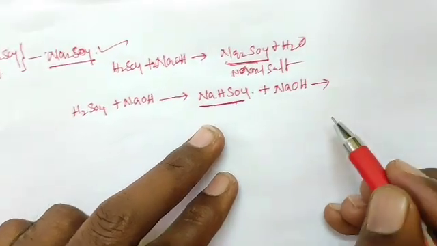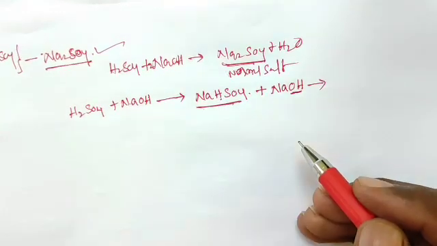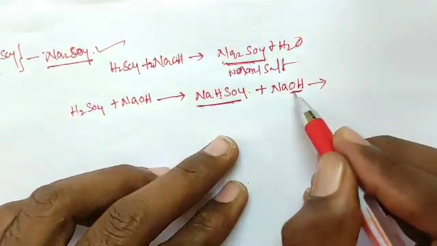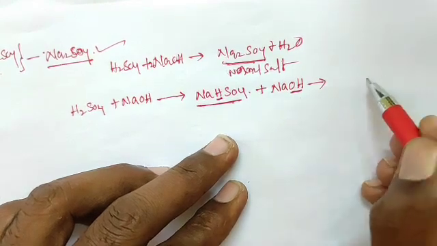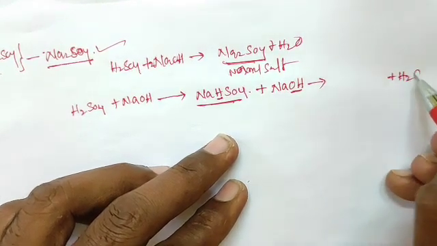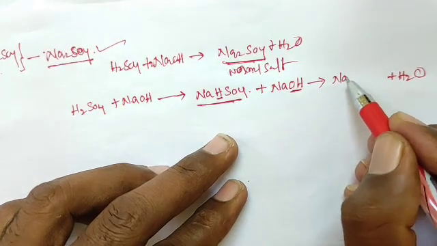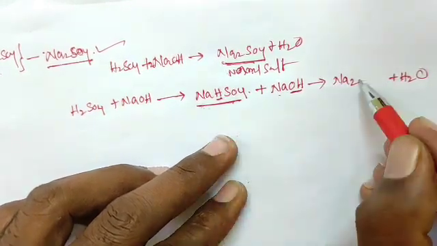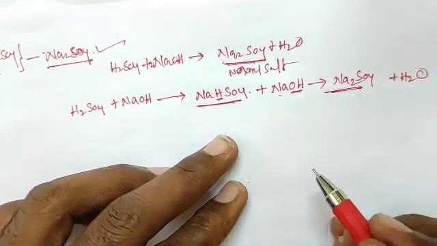The replaceable hydrogen and the OH form H2O, and the remaining part is Na2SO4.